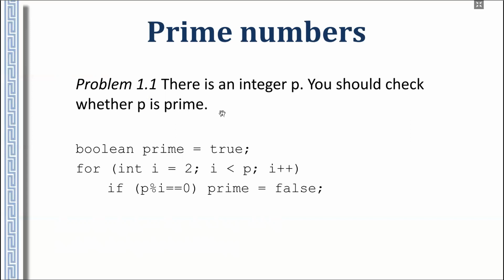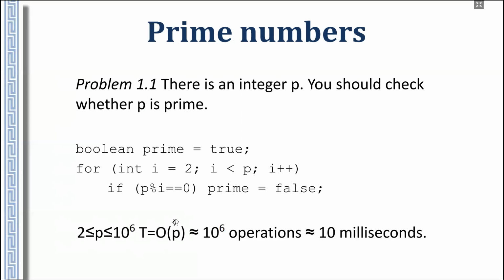We just check all numbers from 2 to p minus 1, and if p is divisible by i, then it is not prime. But if it is not divisible by any number from 2 to p minus 1, then we can say that it is prime.